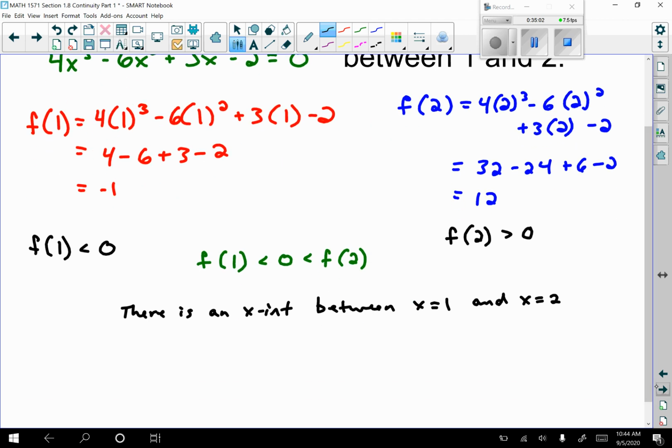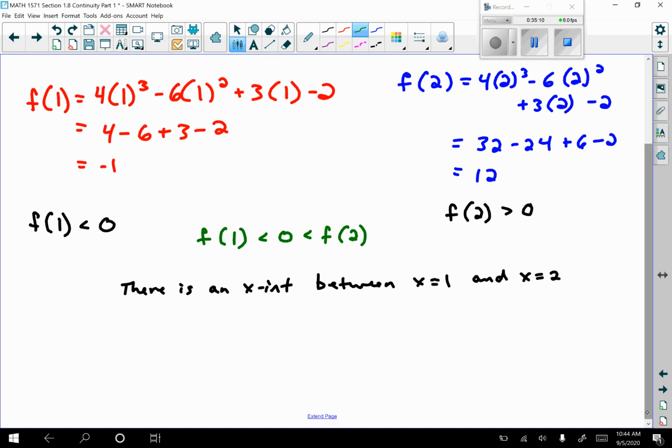And it's going to be a number somewhere in between -1 and 12. So just to write this out, and this is going to be the technical wording in WebAssign that you're going to see. So we're going to say that n equals 0 is a number between f of 1 and f of 2. And that's what I just said. It's going to be somewhere in between -1 and 12.